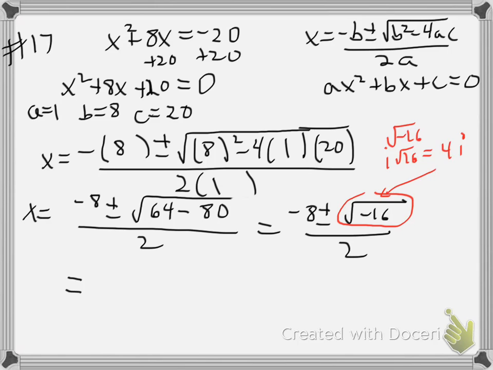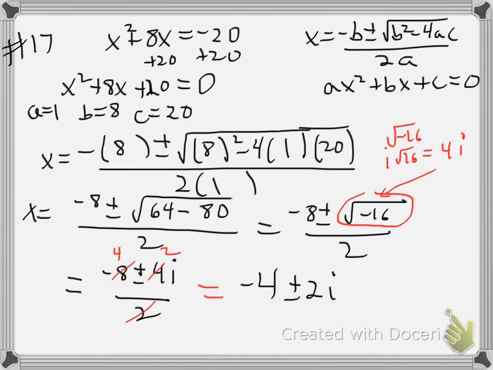So I get negative 8 plus or minus 4i divided by 2, and luckily 2 divides into 8 4 times, 2 divides into 4 2 times, and so I really get this answer, negative 4 plus or minus 2i. There's my solution to number 17.